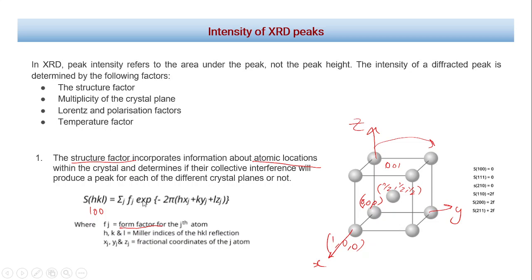And this is how we calculate the scattering factor. We need the form factor for it, and the remaining thing I told you, this is how we take the position and then the HKL value. So what interesting thing happens when we calculate the structure factor based on this formula, and there's a little derivation, we don't need to get into it, but what information we get from this is that depending on the arrangement of atoms, we get some rules for these HKL, which are the Miller indices for our plane, right?